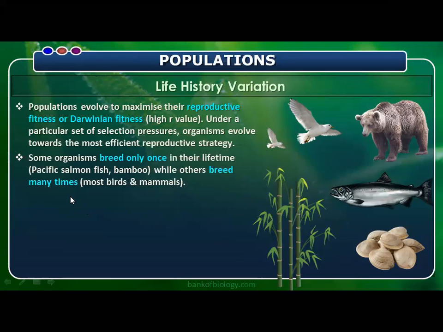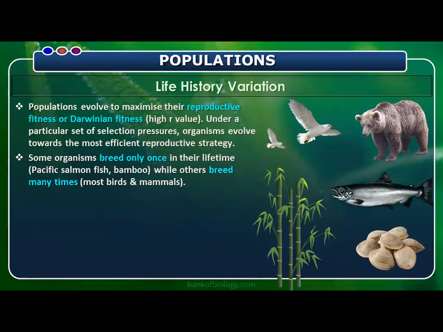Here, very, very small sentences, but remember these are going to be questions. Some organisms breed only once in their lifetime: Pacific salmon fish, bamboo. While others breed many times: most birds and mammals. Do remember this. Very, very important.